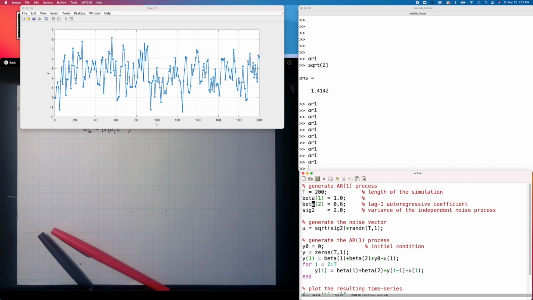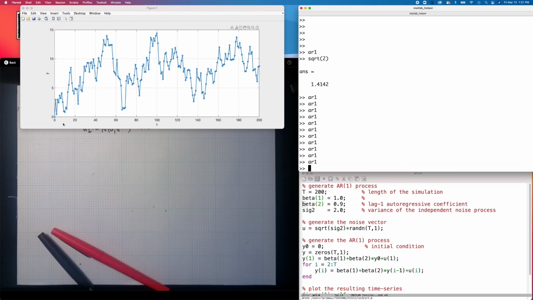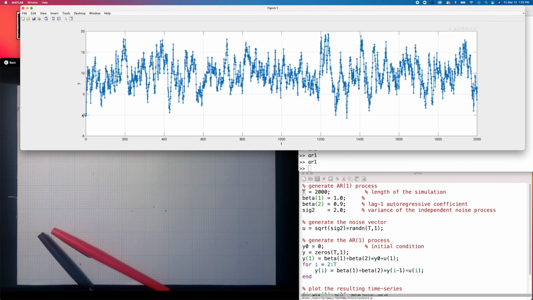Let's make it even bigger. So this is 0.9 for beta 2. And now you see this initial transient part where it climbs up and then it oscillates, but with these long time swings. Let me make it even longer so we can have a better look. So there seems like a spin-up period that's pretty quick, and then it fluctuates with these fairly long swings back and forth.